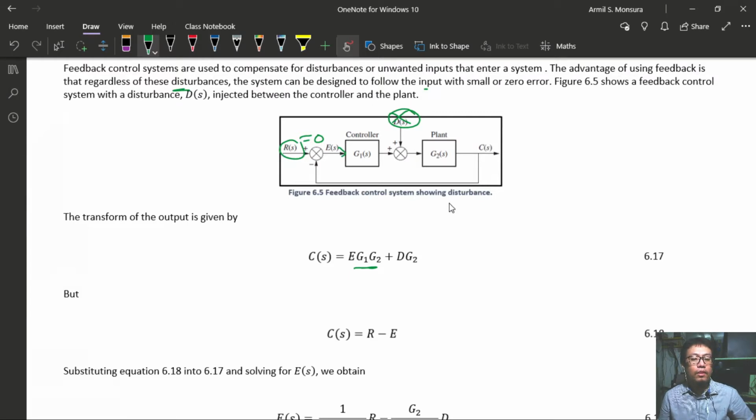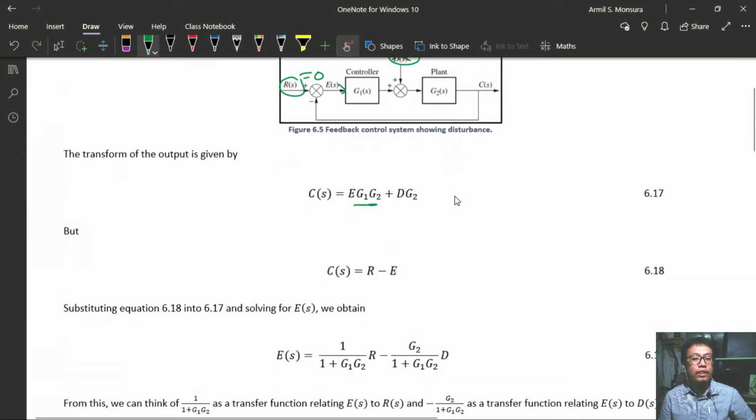Now, we also take note that C(s) is R minus E, kasi we start with E equals the input minus the output. Yun yung definition ng error natin.